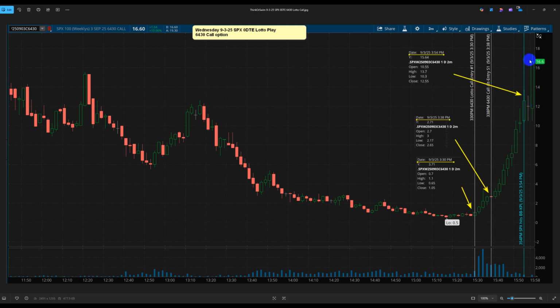As you can see here, though, there is a lot of volatility at the end of the day and movement in these options. So the most prudent thing to do is just to get out when it hits the bull bear key price level. However, if you're just holding into the close just to see what happens, since there's a lot of play, then on this particular day you would have been rewarded with a spike above, and you would have been out at $16.60.